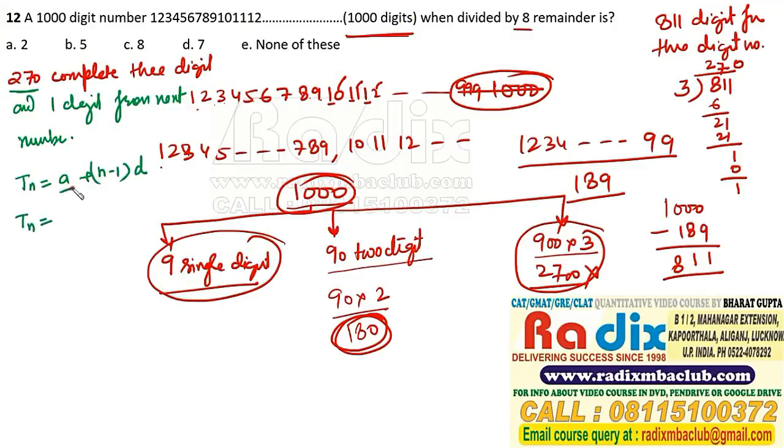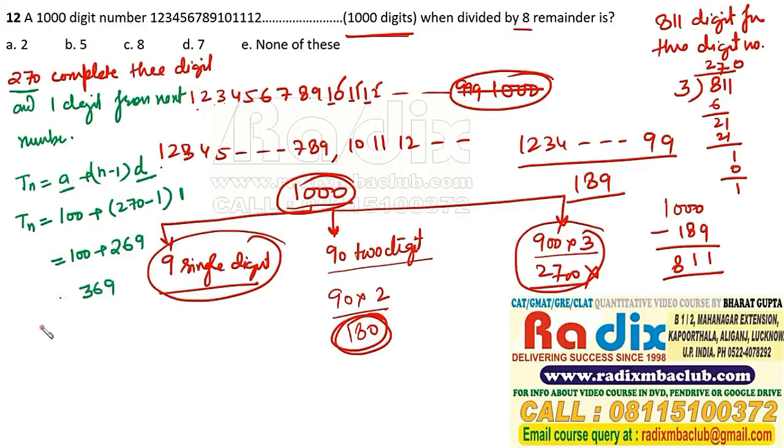The first 3-digit number is 100, and n minus 1 is 269 for the 270th number, and the difference is 1, because after 100 we will get 101, 102, 103 and so on. So it is 100 plus 269, or 369.